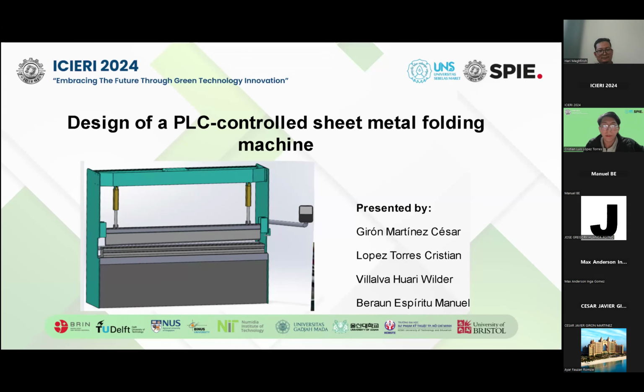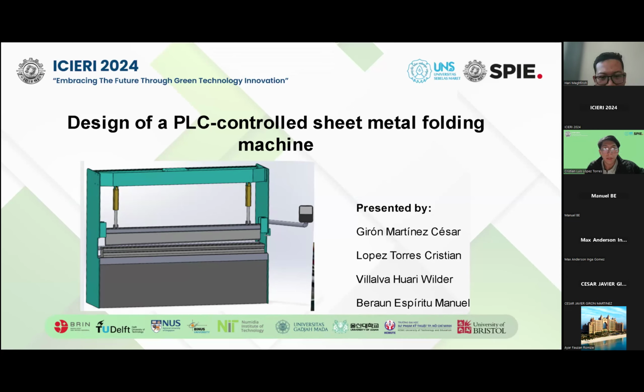Hello everyone, and thank you for joining me. Today, I'll be presenting our project titled Design of PLC Control Sheet Metal Folding Machine. The goal of this project is to create a folding hydraulic press controlled by a programmable logic controller, or PLC, specifically designed for small businesses in South America.